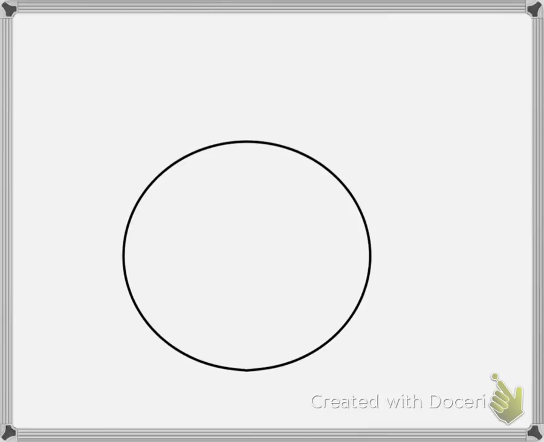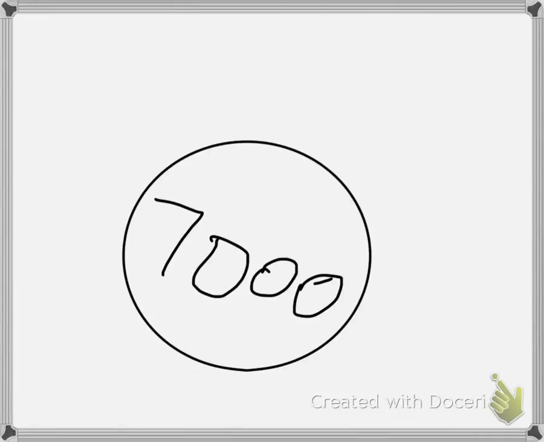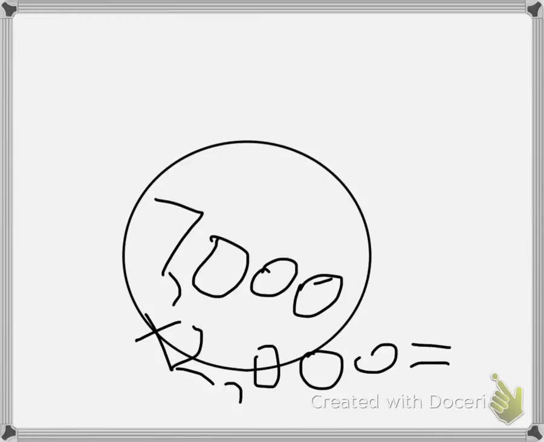Okay, so, yeah, we just messed up for a minute, but we're okay. So, we're going to do 7,000 times, let's do 2,000. That equals 9,000.